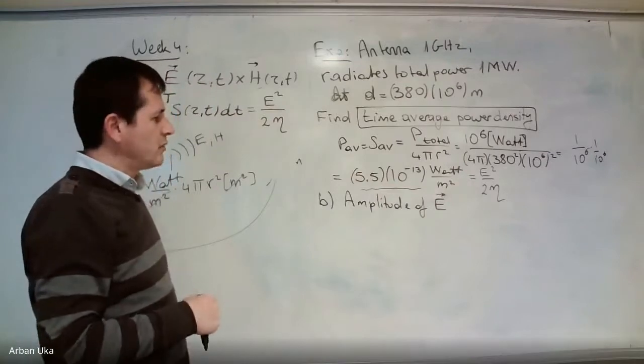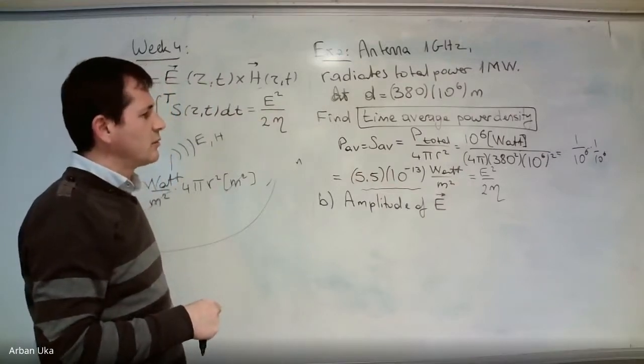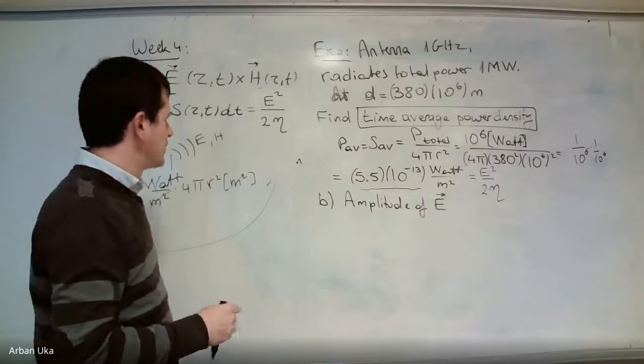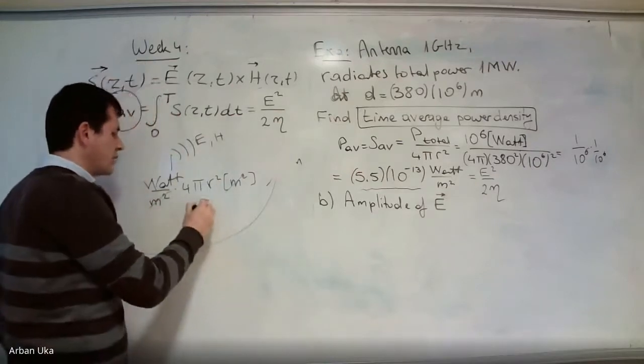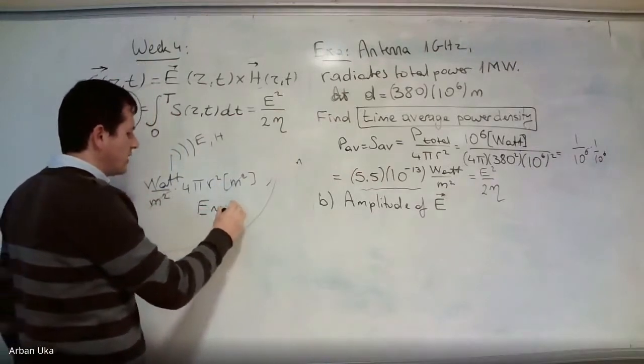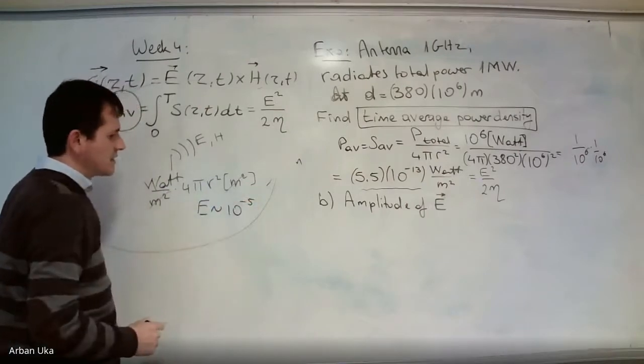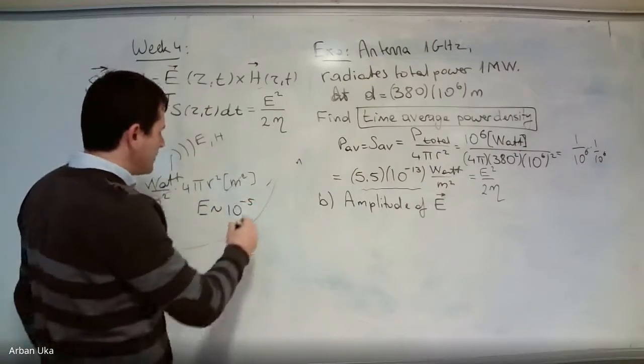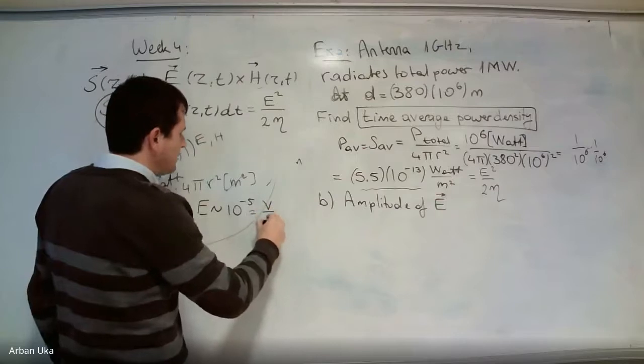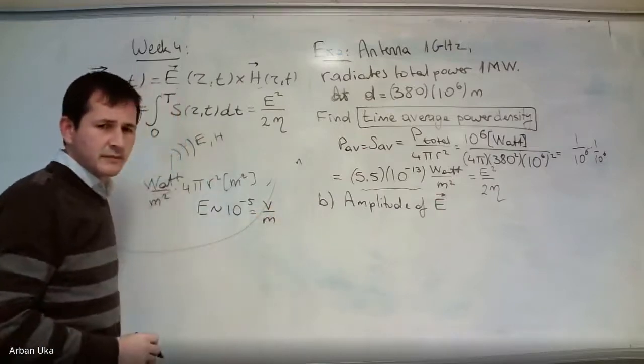The square root of 10 to the power minus 10 is around 10 to the power minus 5. Considering the order, we are talking about something like 10 to the power minus 5 volt per meter. So this is the approximate strength.